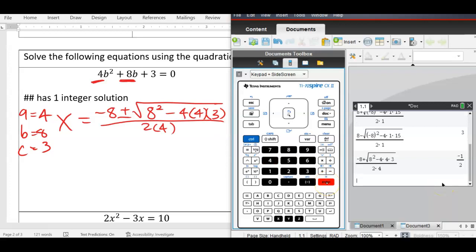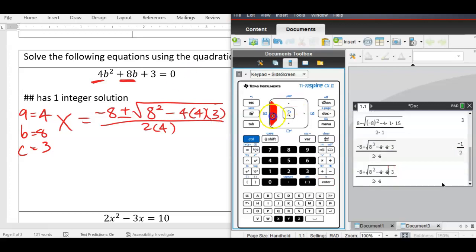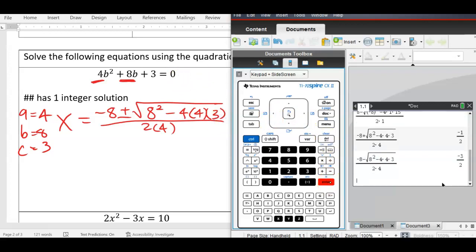Okay, I type it in, I got negative 1/2. Go back up, twice, hit enter, change that plus in the middle to a minus, and that gave me -3/2. So I got one with the plus sign, one with the minus sign. I get -1/2, -3/2.